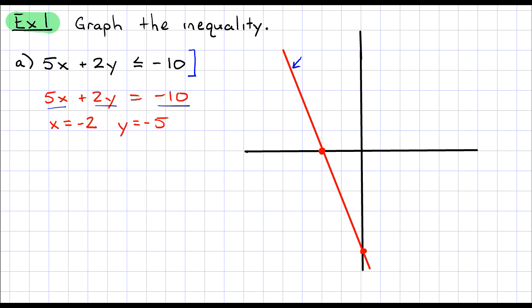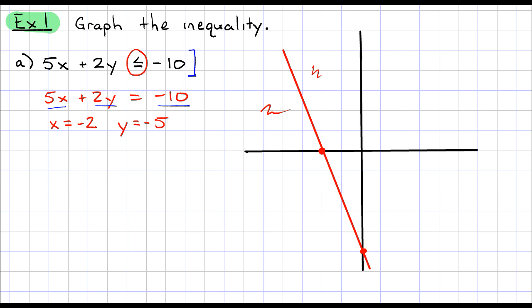However, I don't want only points where 5x plus 2y is equal to minus 10. I also want to find points where 5x plus 2y is less than minus 10. So what that means is my final answer, my graph, needs to be not only this line, but also everything on one of the 2 sides of the line. And so the next step is to figure out which of the 2 sides I need to use.